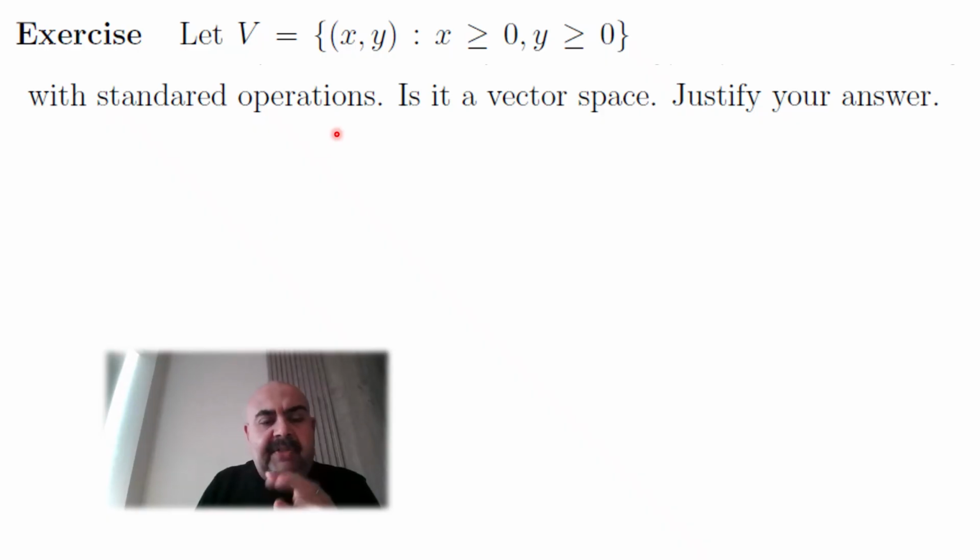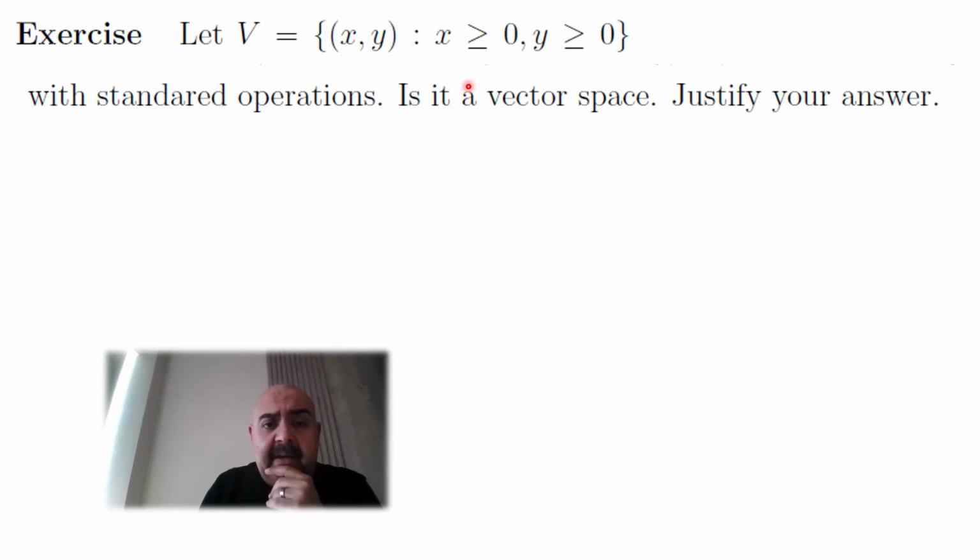Here is one of the exercises that I want you to go through with me. Let's say V is the set of x and y, such that x is greater than or equal to 0 and y is greater than or equal to 0, which represents the set of all points in the first quadrant, with the standard operations. Is this a vector space? Let's justify our answer.